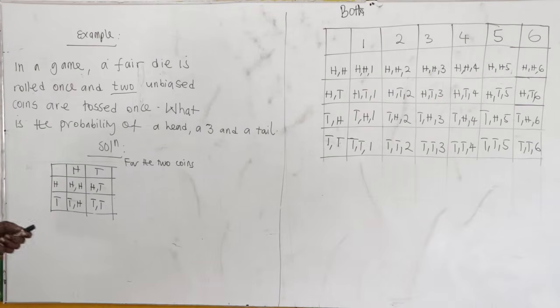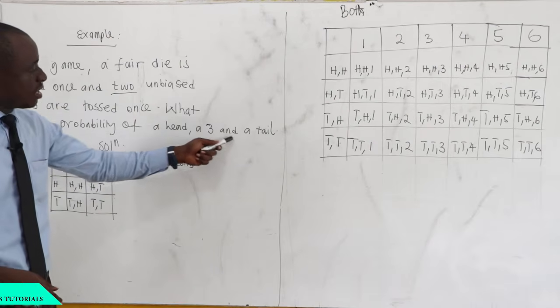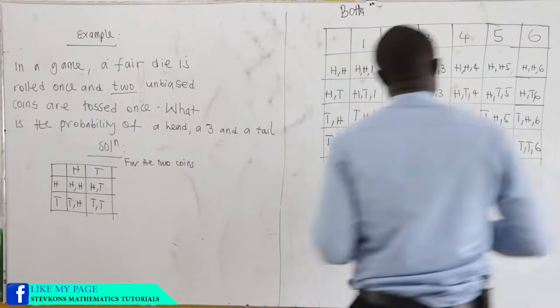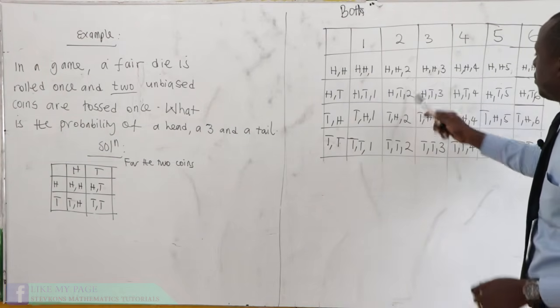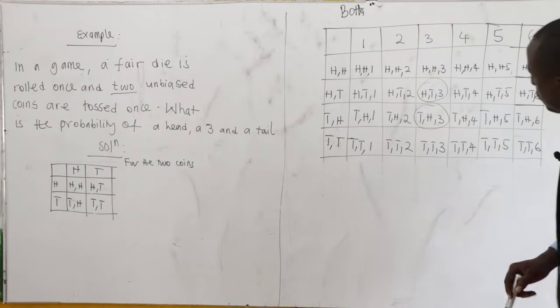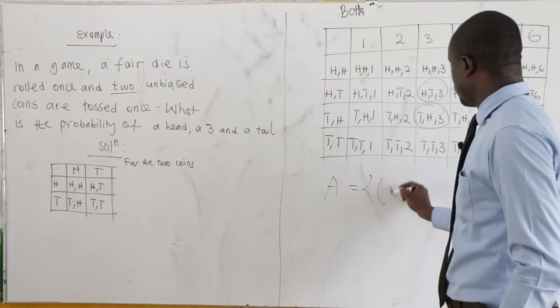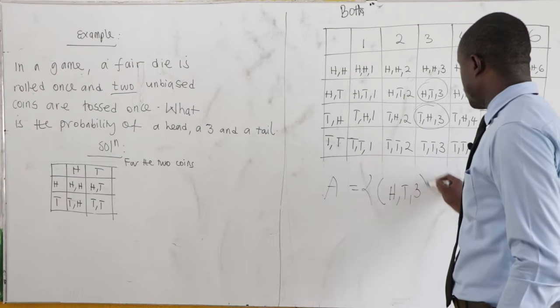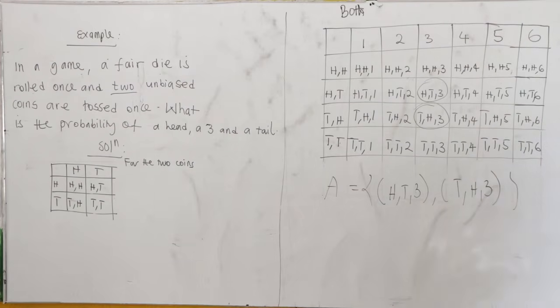Now, what's the question asked? What is the probability of a head, a tail, and a 3? So a head, a tail, and then a 3. If A represents such an event, the possible events will be HT3, that's the first one, and TH3. These are the only possible ones, because we should have a head, a tail, and then a 3.